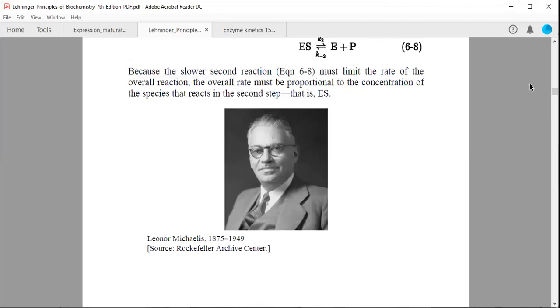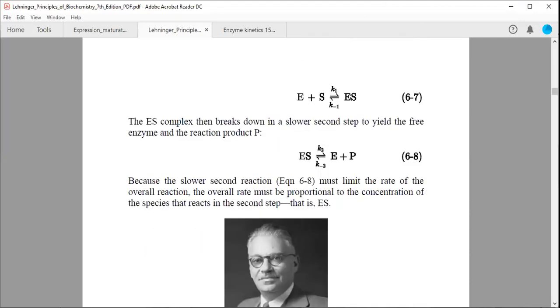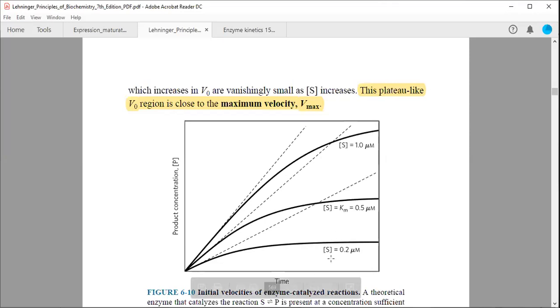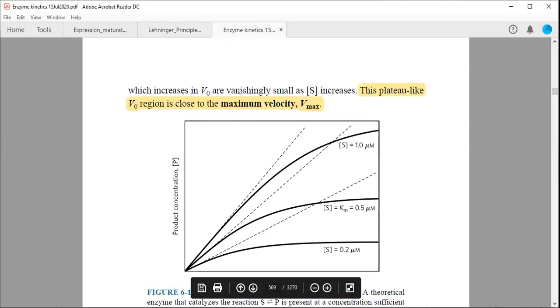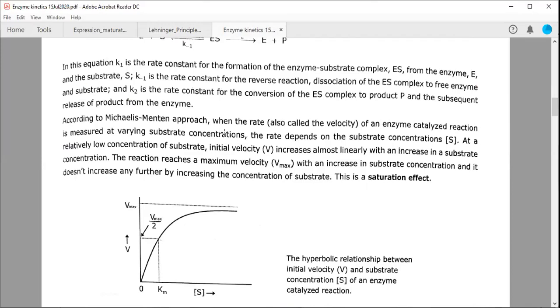This clearly shows that the rate of reaction depends upon the substrate concentration, because before deriving their final curve, they also checked whether the substrate is going to affect the enzyme rate of reaction or not. So it is changing, and therefore the rate depends upon the substrate concentration.